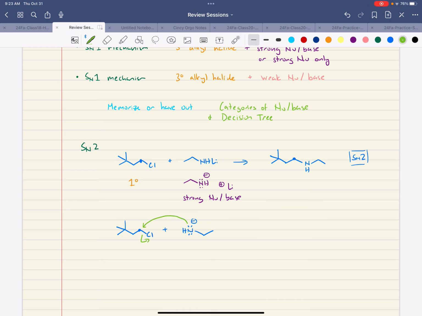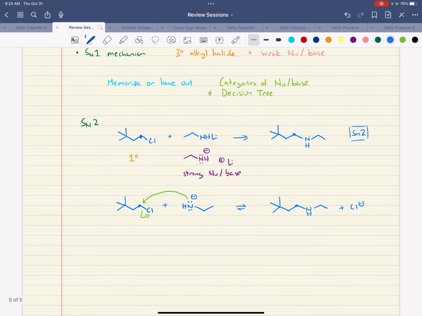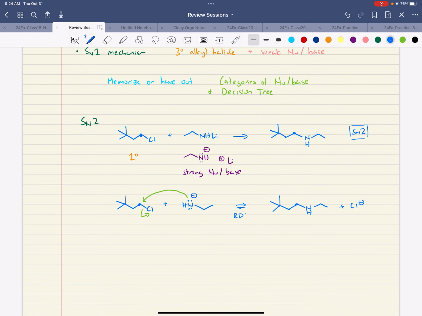The nucleophile helps kick out the leaving group. And you have your product in one step. We kicked out chloride minus. That's SN2. The only step is the RDS step in this case.